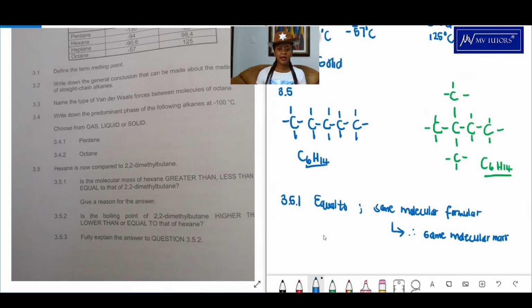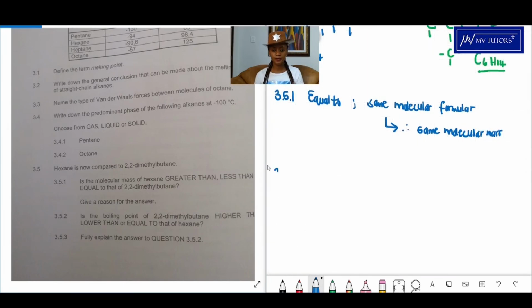Okay, and then now 3.5.2. Is the boiling point of 2,2 dimethyl butane higher than, lower than, or equal to that of hexane? So guys, straight chains generally have a higher boiling point than branched chains.